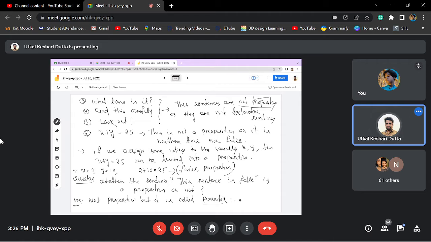That means this sentence is false, which means the truth value will be that this sentence is true. That means if you take any truth value of this sentence, it contradicts itself. In this case of contradiction, these are not propositions. So you can say that it is neither true nor false. So it is a paradox.